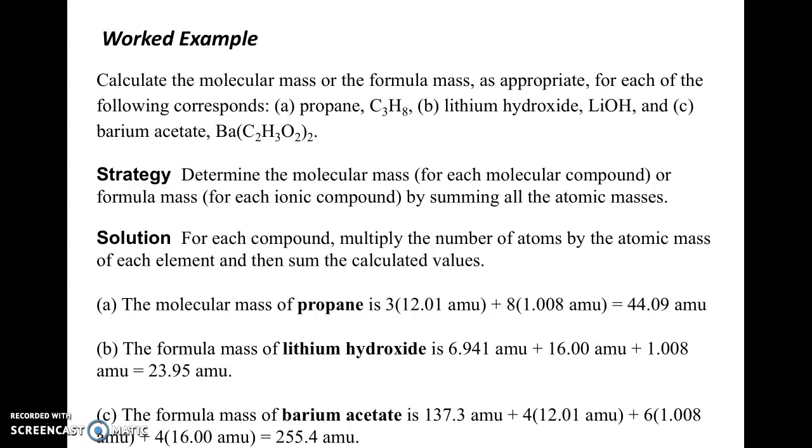And so on. In barium acetate, if you look back at the formula, the C2H3O2 is in parentheses with a subscript 2. So you have to multiply that through. So you actually have 4 carbons, so you're multiplying 4 times 12.01. 6 hydrogens, so it's 6 times 1.008, and 4 oxygens, 4 times 16.00.